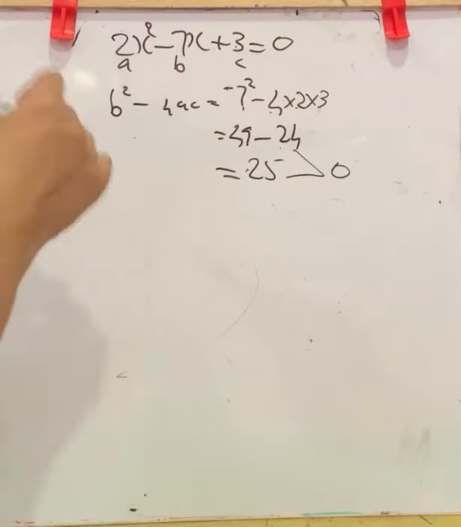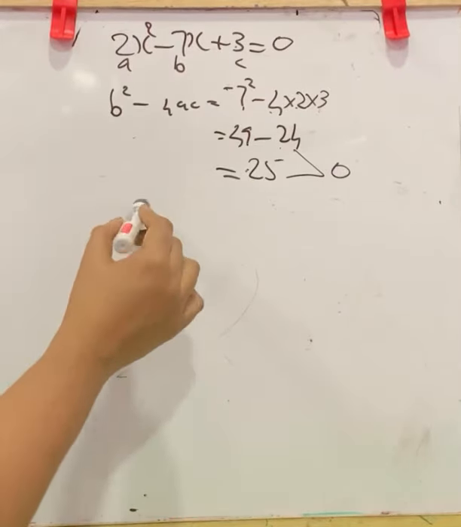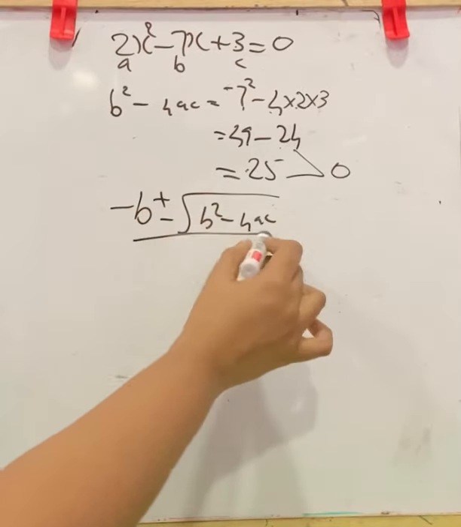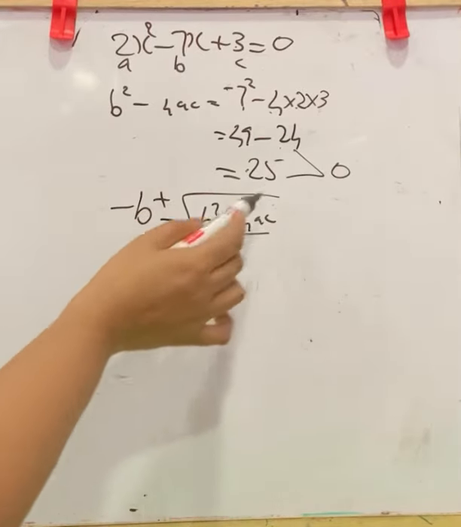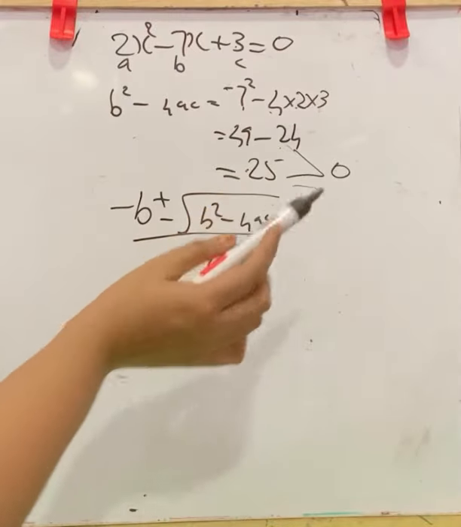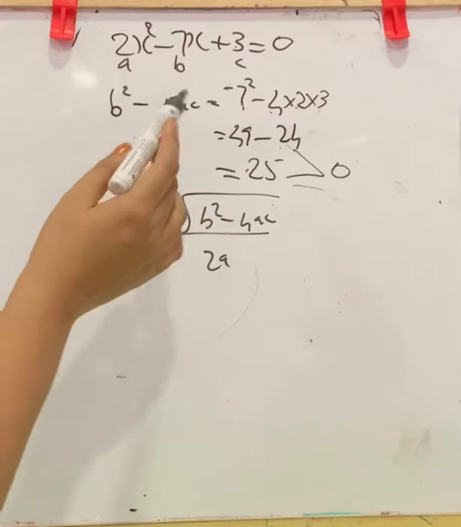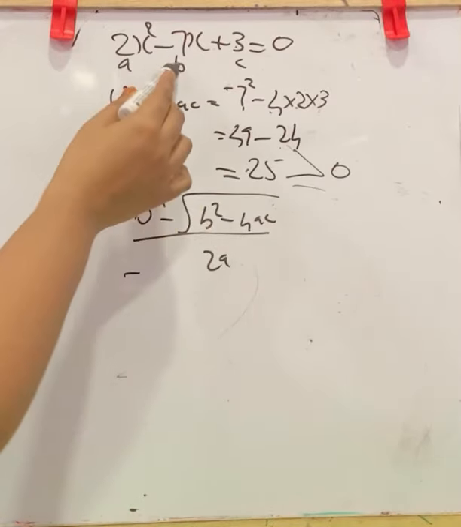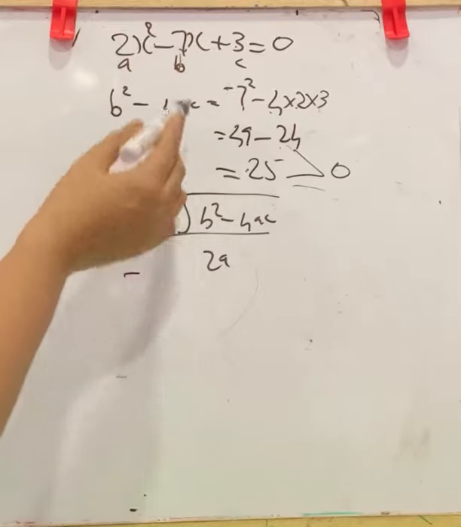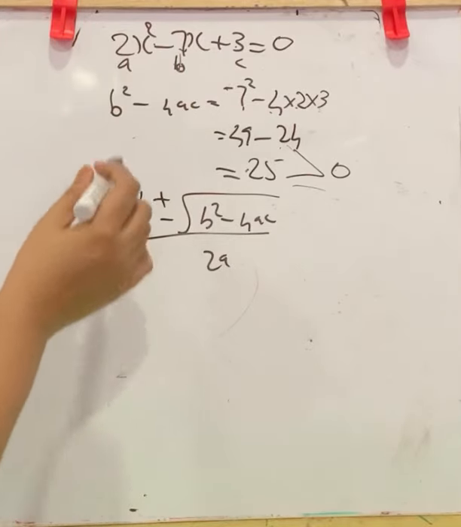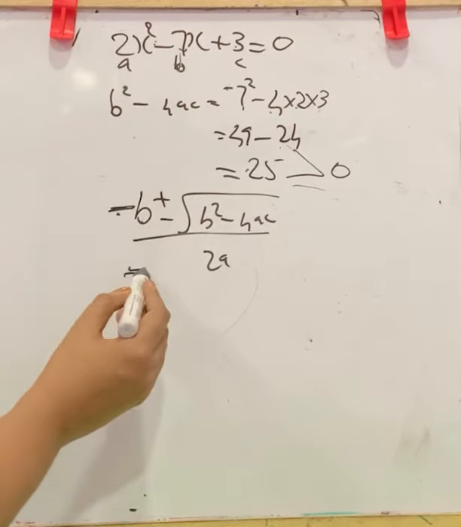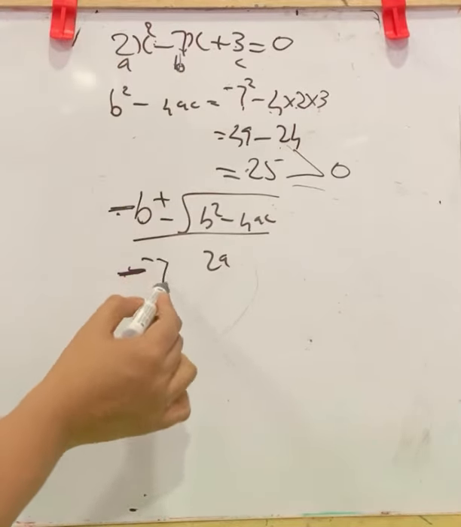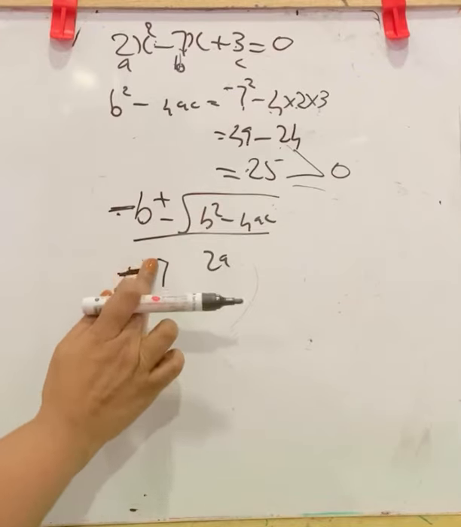So we can find the roots using minus b plus or minus root of b square minus 4ac by 2a. This is applicable for greater than 0 and also equal to 0. Here we substitute: b is negative 7, so minus of minus 7, the two negatives become positive.